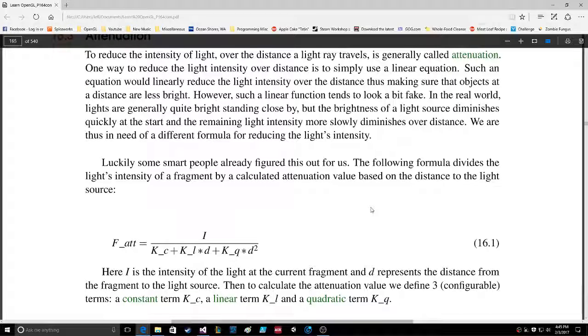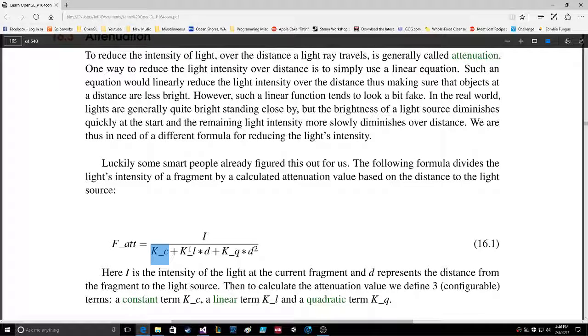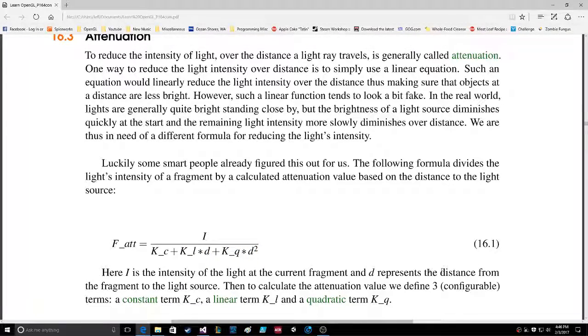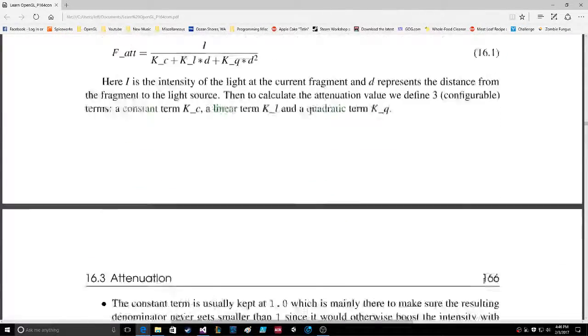Then to calculate the attenuation value, we define 3 configurable terms: a constant term K_C, a linear term K_L, and a quadratic term K_Q. It's a constant because it's not multiplied by anything. This is a linear because it's multiplied by a power of 1. And this is a quadratic because it's multiplied by a power of greater than 1.